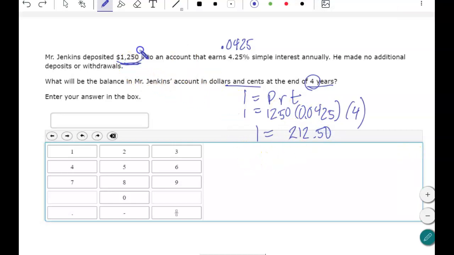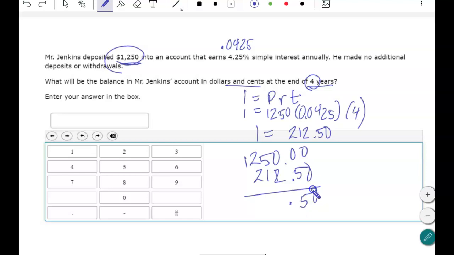So you have to take the principal and add the interest, $212.50. So add those together. All right, so use your calculator. I'm just going to jot it up here real quick. And then make sure you enter the answer correctly. 1462 and then 50. All right, that's it for this one. We will continue with a few more.